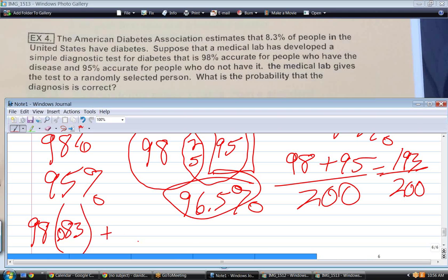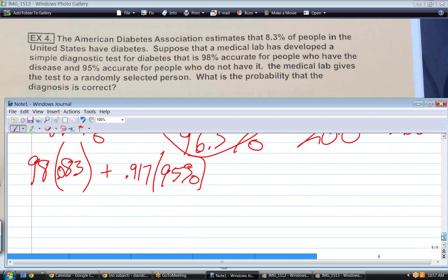And I'm going to add to that 91.7% of people that don't have diabetes, and they have a 95% chance of getting a correct diagnosis. In other words, this should act as a weighting factor. And now, if we divide that by 200, we should get a number a lot closer to 95%.